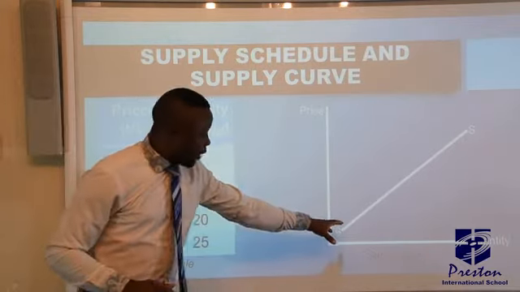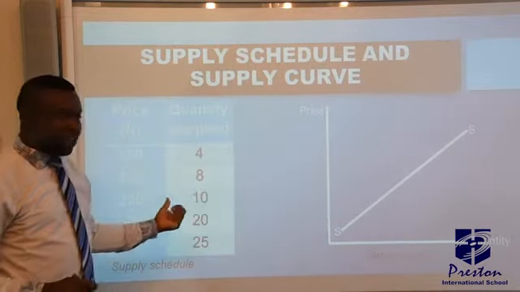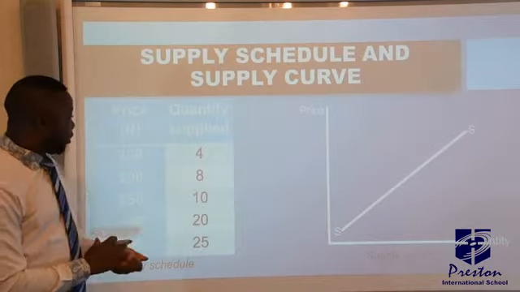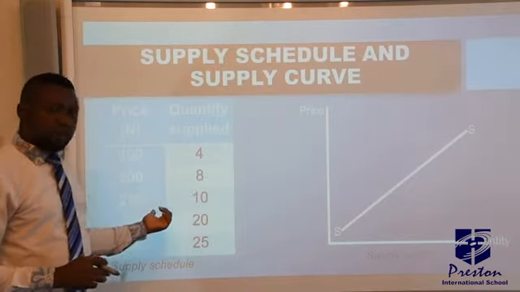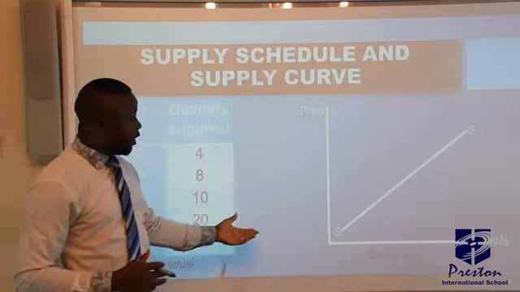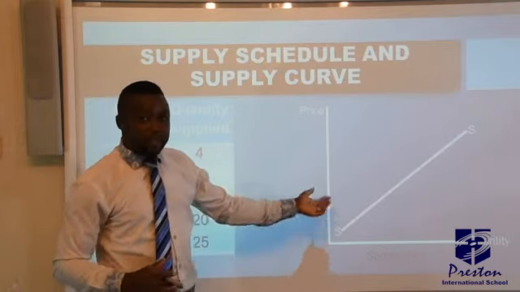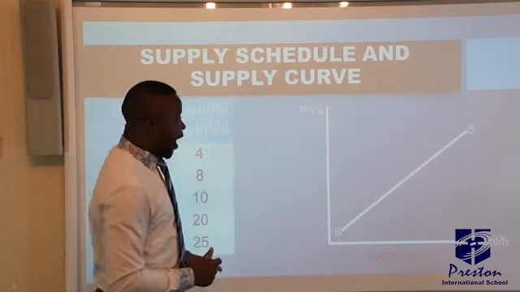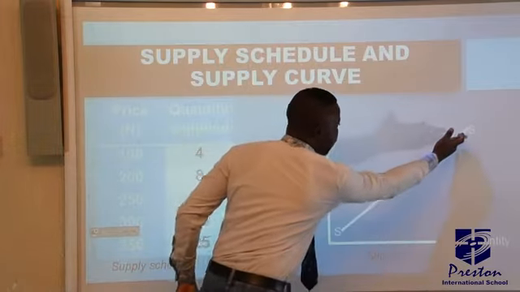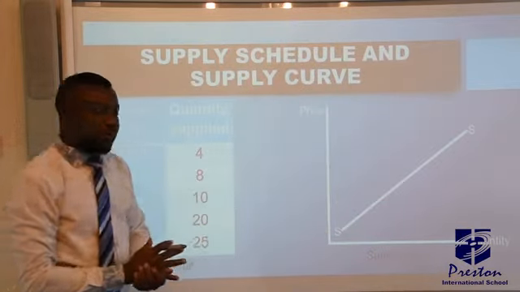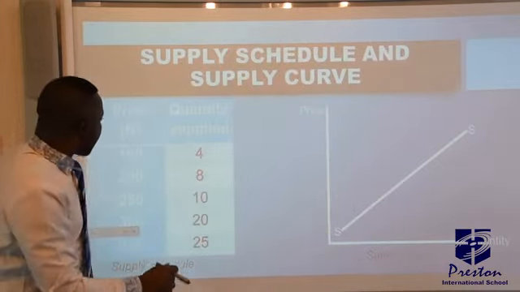And the curve here is trying to demonstrate what we have on the table. So that shows a positive relationship between price and quantity. Hence, the supply curve sloping up to the right side.